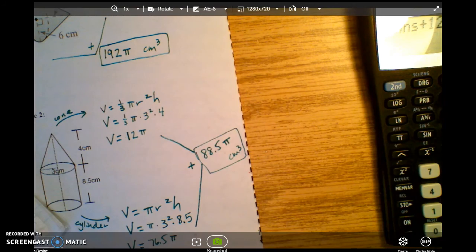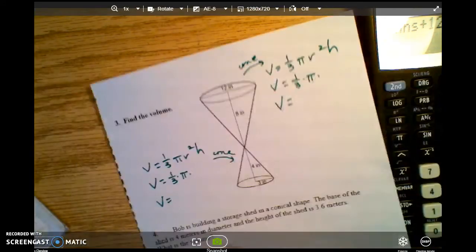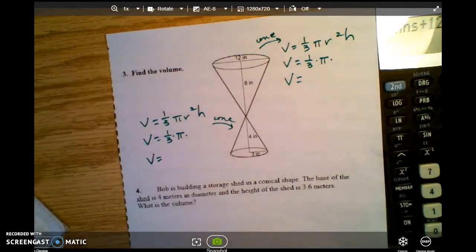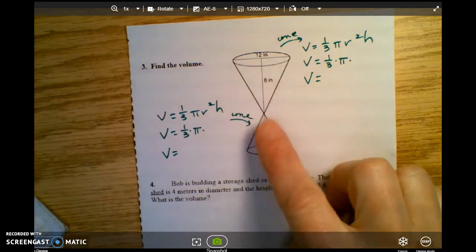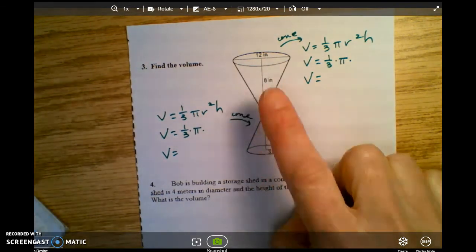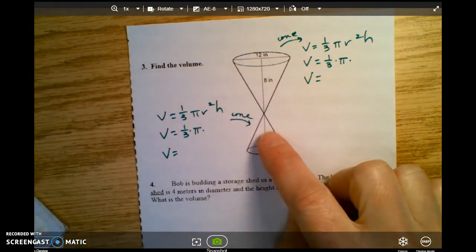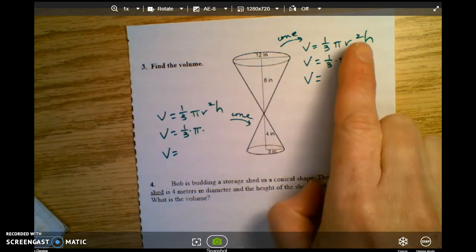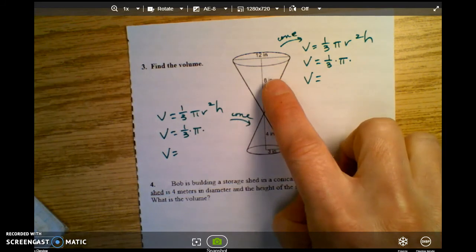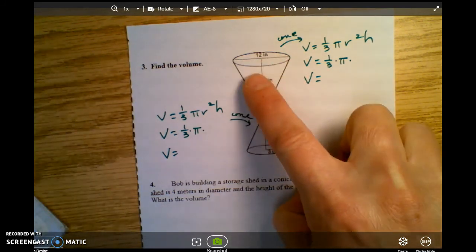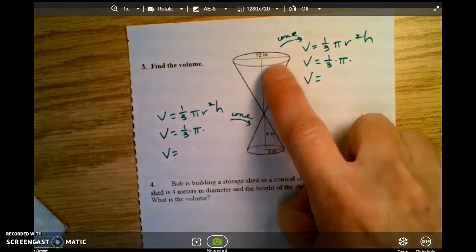You have another sheet that's going to go into your notebook, and I'm going to have you try this side on your own, reminding you that if you have a composite shape, that just means we have two different shapes glued together. So for this first example, you're going to start out with the volume of a cone and work on using these dimensions to figure out the volume of just the top part.